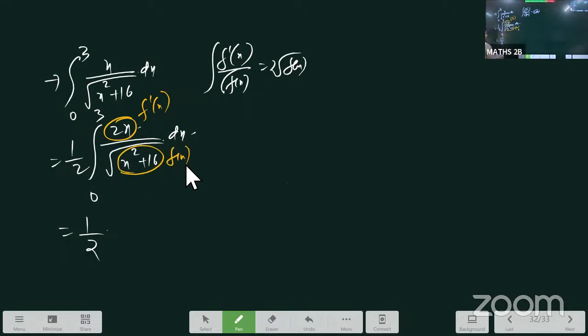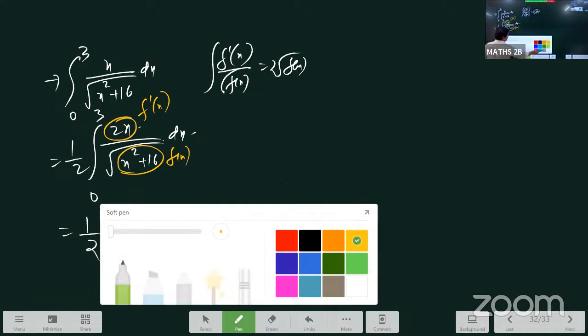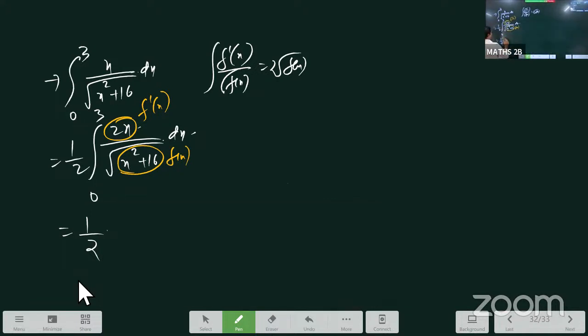So 1 by 2, this is f dash of x by root f of x. Is it clear? So 2 root of x square plus 16.